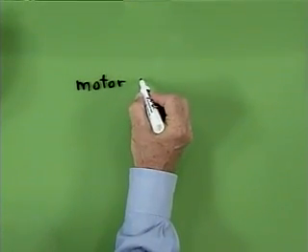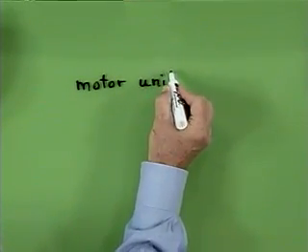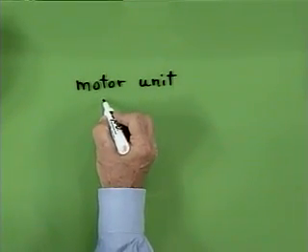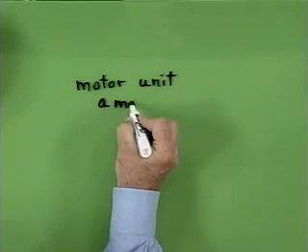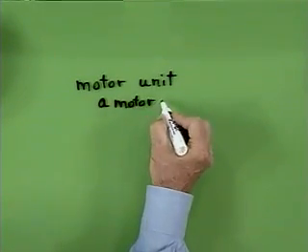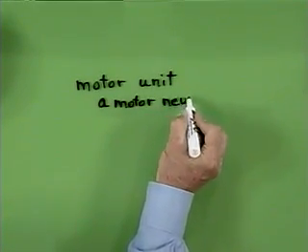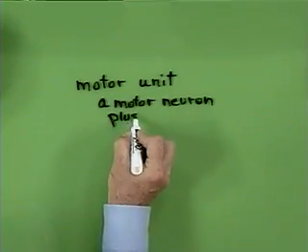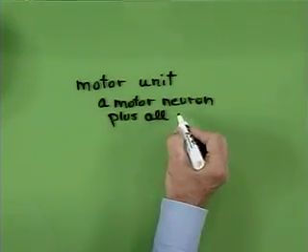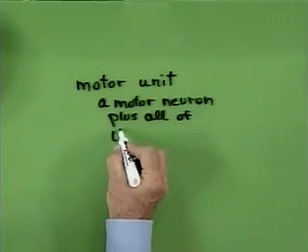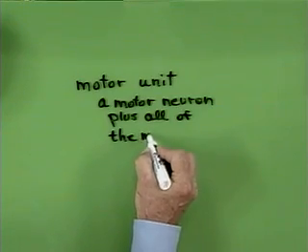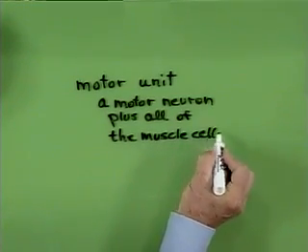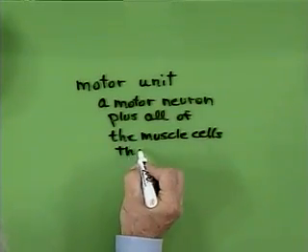The term motor unit is one motor neuron plus all of the muscle cells that it controls.